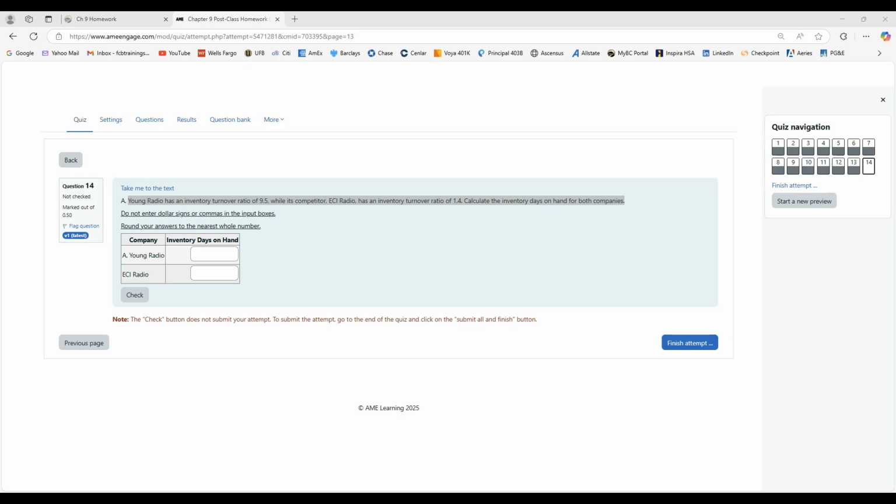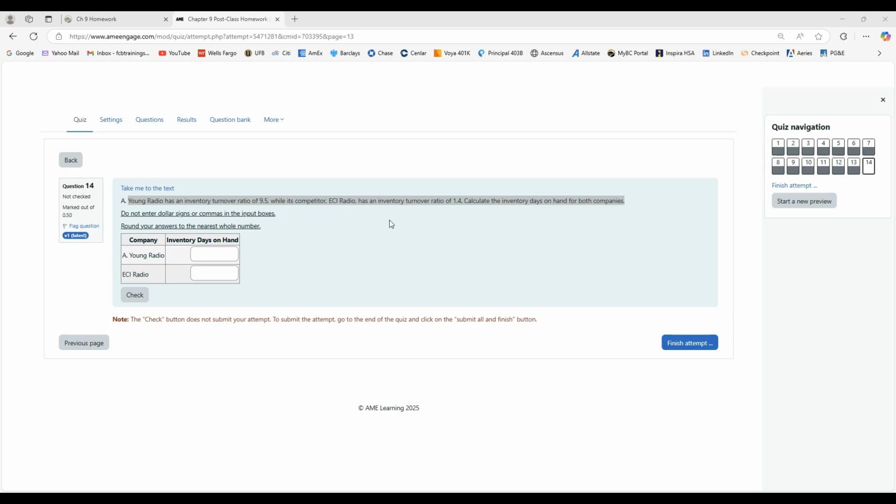When we're talking about the inventory turnover ratio, you kind of look at how many times, if you bought a certain amount of inventory on average, that inventory has gone to zero, essentially.